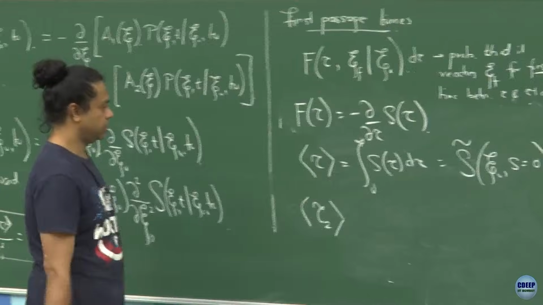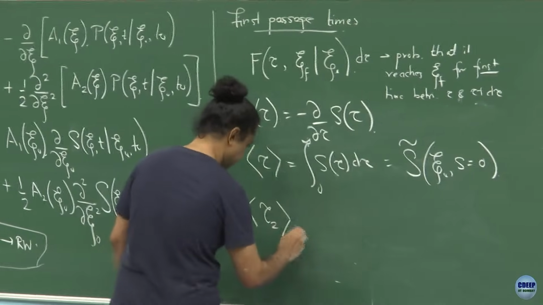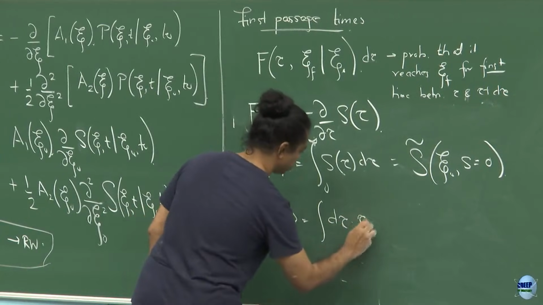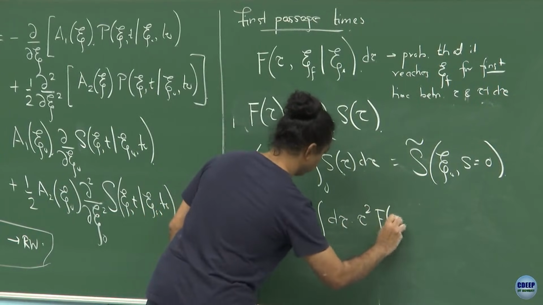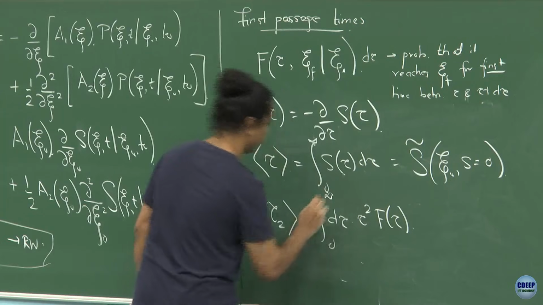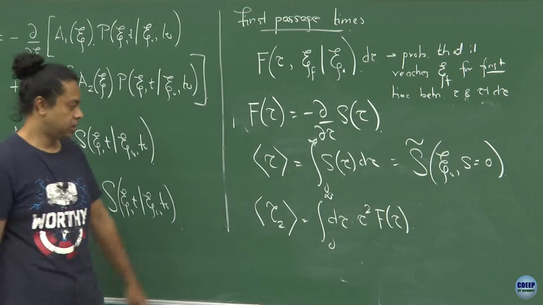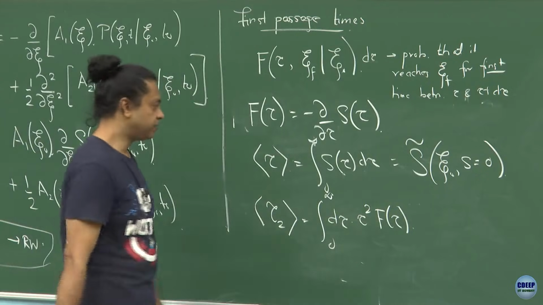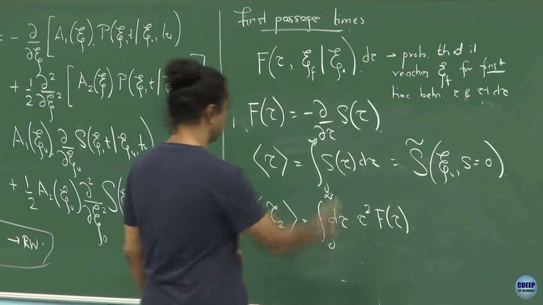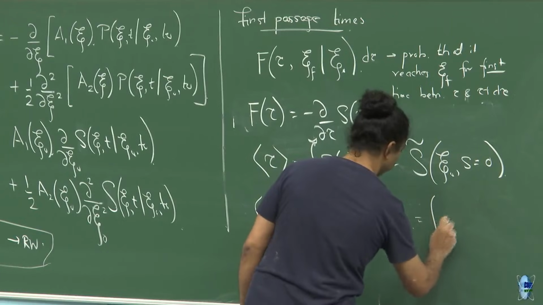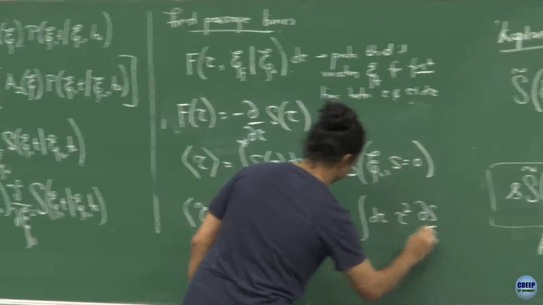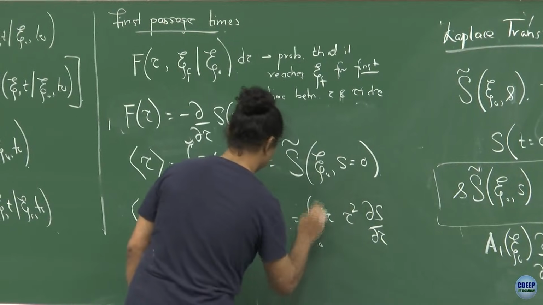So this is integral d tau, tau square, f tau, 0 to infinity. This is my second moment, right? Tau square f tau d tau. f tau is minus del s del tau, exactly like we had. So this is integral d tau, tau square, del s del tau, with a minus, from 0 to infinity.